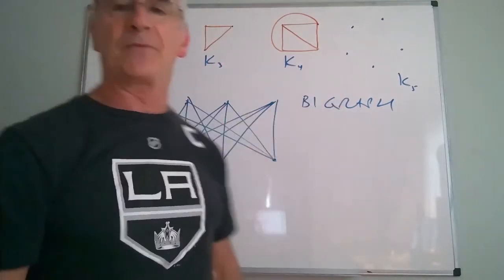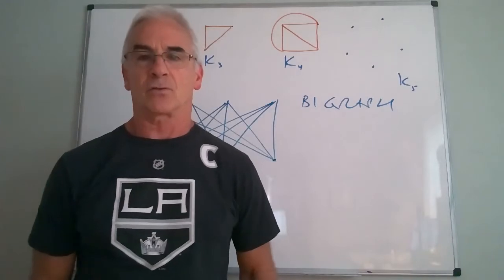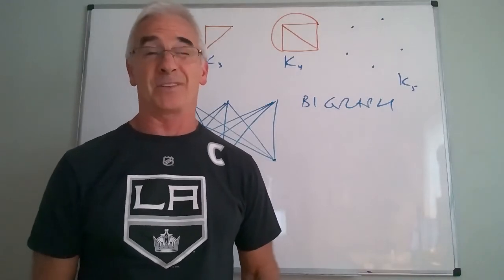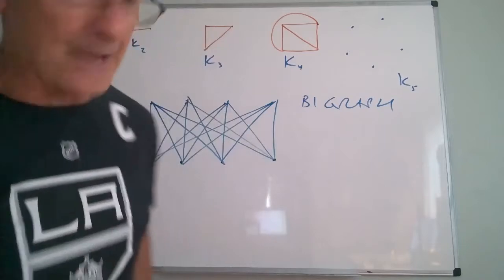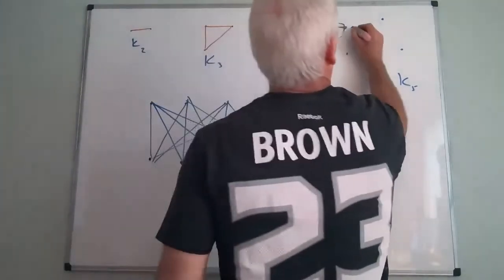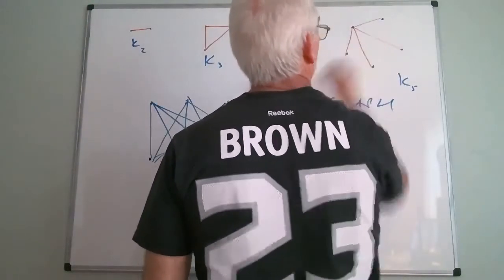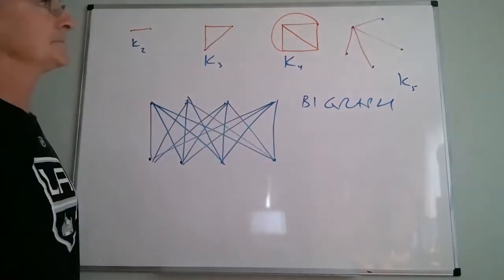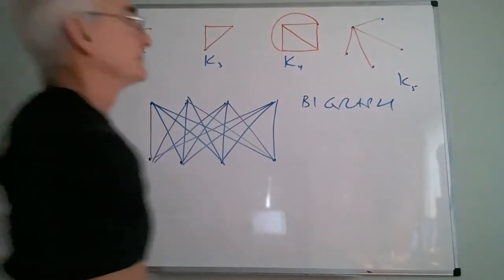Can you draw K5 without any of the edges crossing? I want everyone to take just a moment to try that. Again, K5 means I'm going to do this. I'm going to do that for each vertex. Can I do this without them crossing?